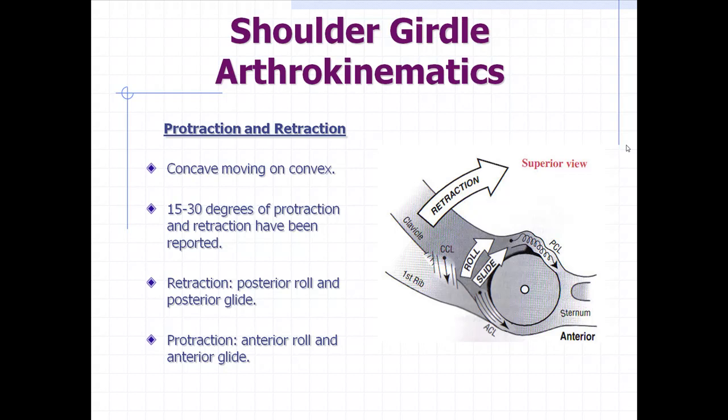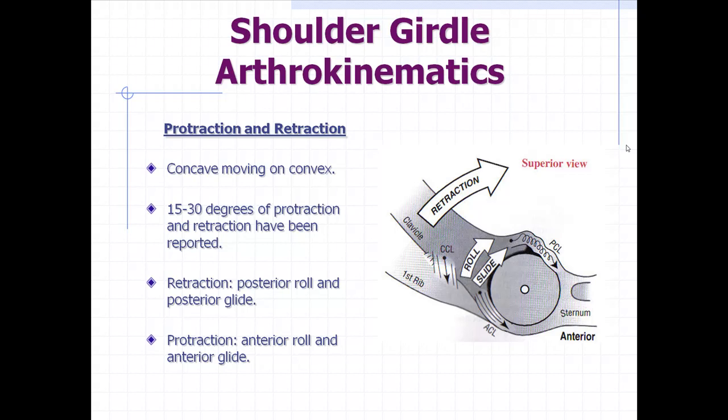When looking at the movement of protraction and retraction, this time we have a concave surface moving on a convex surface. There's about 15 to 30 degrees of protraction and about the same amount of retraction. As the subject retracts their shoulder girdle, so as they bring their shoulder girdles backwards, there is a simultaneous posterior roll of the clavicle on the sternum and a posterior glide of the clavicle on the sternum.